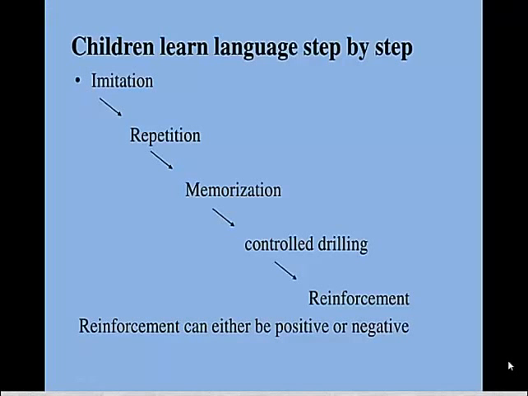Children learn language step by step. How do they gain language? First of all by imitation, then by repetition, then to memorize, and then control, drilling, and reinforcement of what has already been taught. Reinforcement can be either positive or negative. When we are taught in the proper way, we can reinforce and reward.